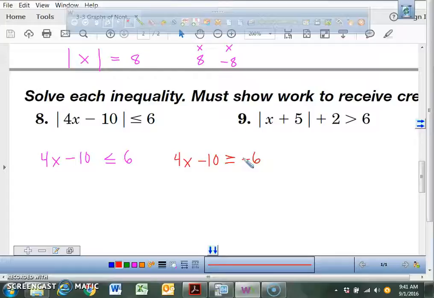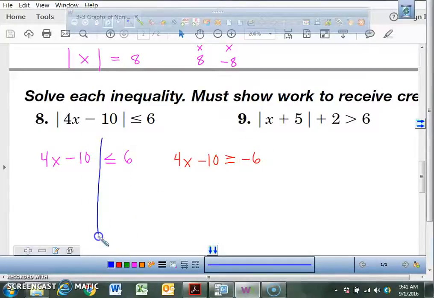Because it changed to a negative. If you take this and you change it to a negative 6, what happens to the inequality sign? It flips. So we're going to solve both of these. We're going to have 2 answers. Just remember, one answer is the positive version, but when you change it to the negative version, you have to flip the sign.